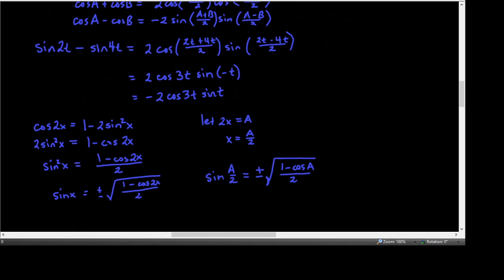Okay, so make sure that radical covers the whole fraction. So this is the half angle identity for sine. Okay, so that's our first half angle identity.